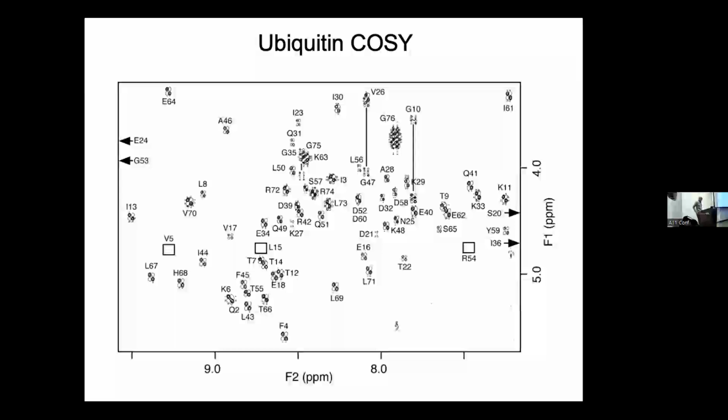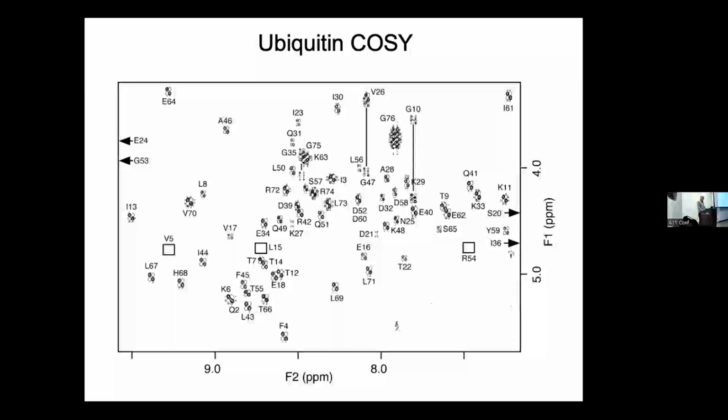One has to do other experiments to find them. That's also a common issue in hydrogen homonuclear experiments. The need to suppress water can result in various artifacts, in this case, missing data.